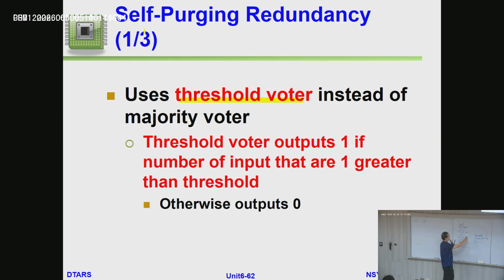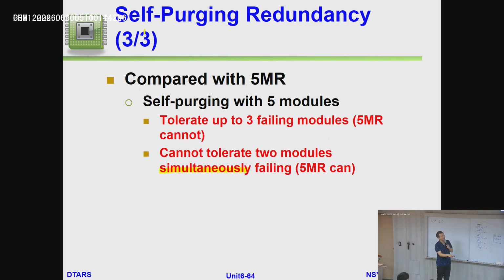So for this case, because we have 3 logic 1s, the correct result should still be 1, and it will be used to switch off this one and this one. Okay, so the risk is in the blue one and the red one case. That is why we say it cannot tolerate 2 modules simultaneously failing.